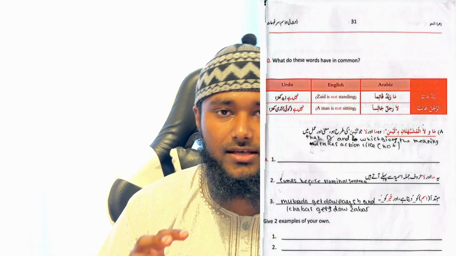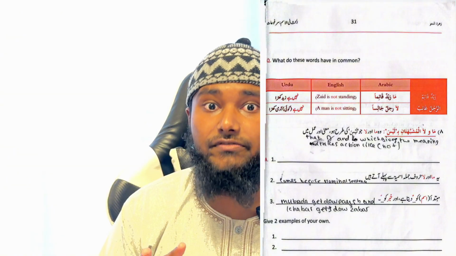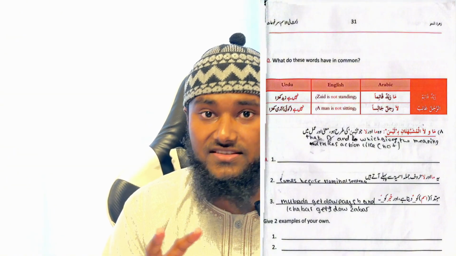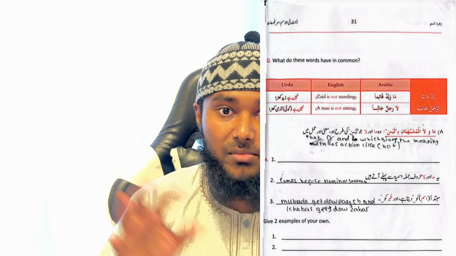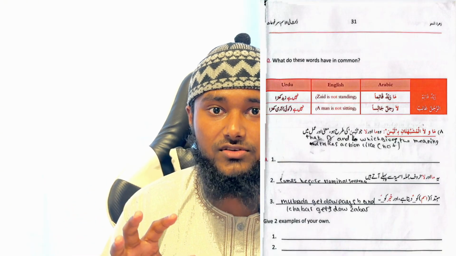So Zaydun qa'imun means Zayd is standing. The mubtada, the subject, is Zayd. The information which you're giving about him, which is standing, you're telling everyone that he's standing, that's the khabar here. So now, as we mentioned, ma makes the khabar go into the nasab case.